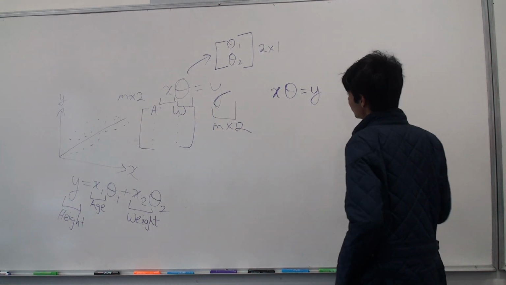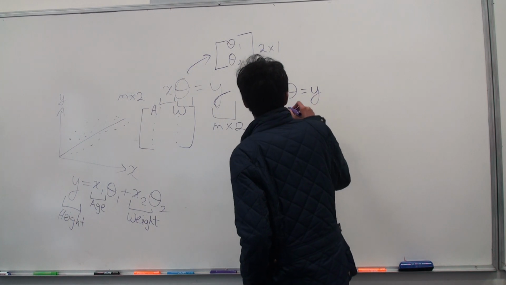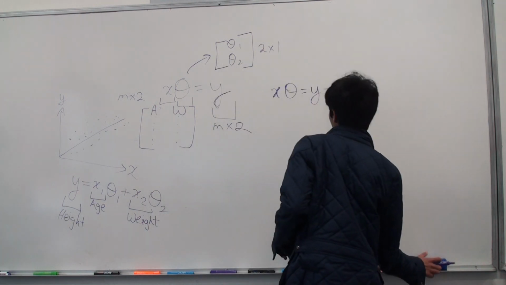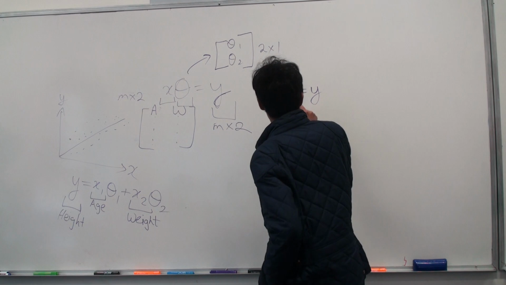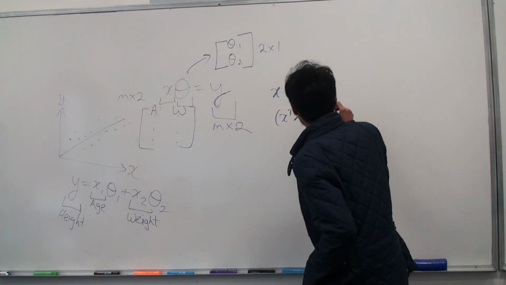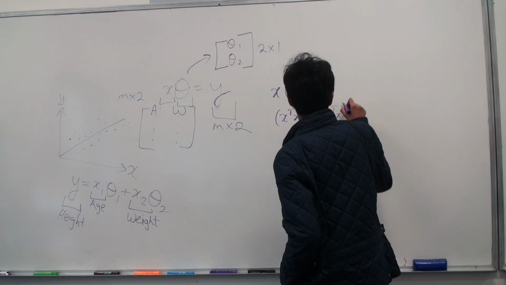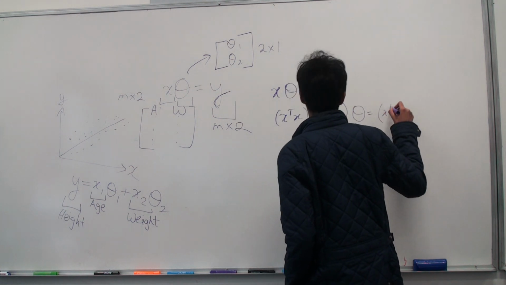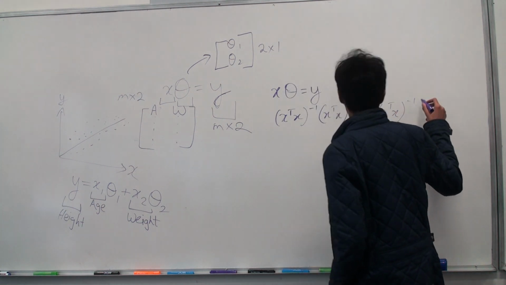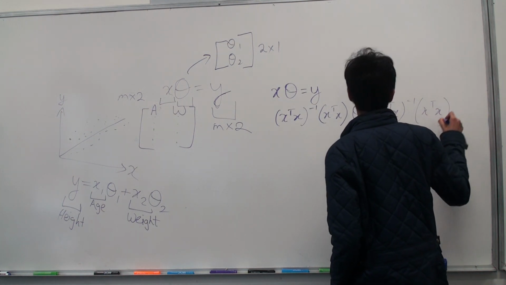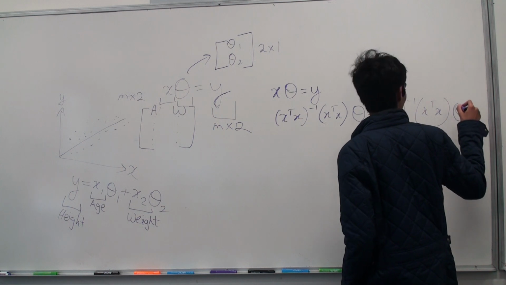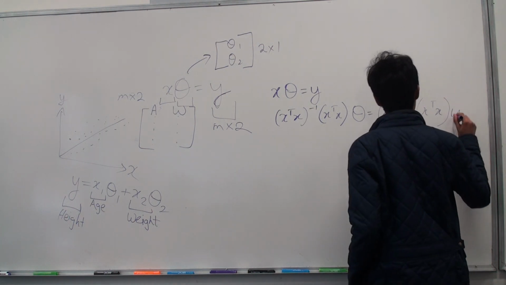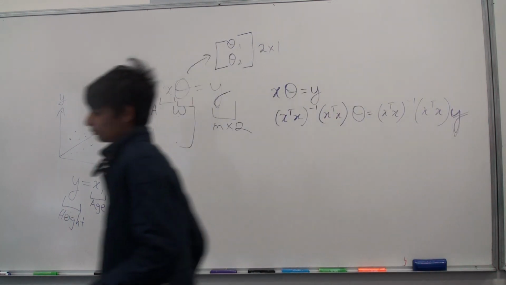So what we instead do is we multiply by X transpose X inverse times X transpose y.